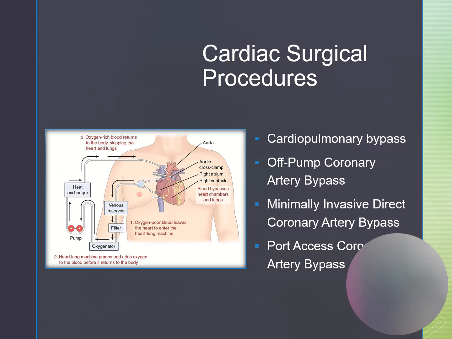It can also be taken from the internal mammary vein, the internal thoracic arteries, the basilic vein, or the cephalic vein in the arm, or the radial artery. We can also take one of the arteries from the stomach.